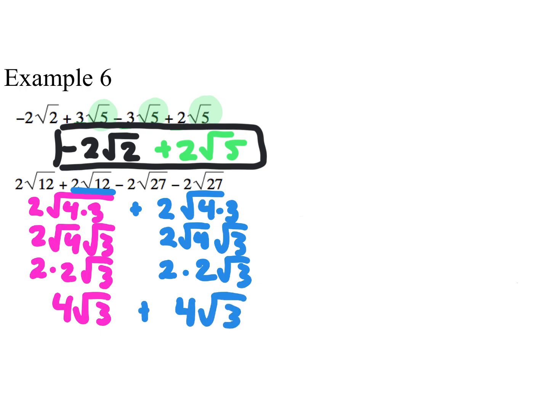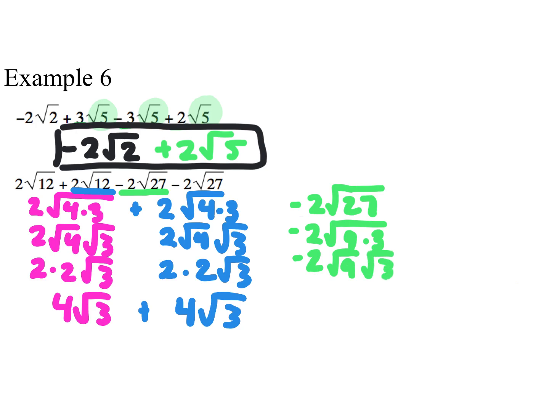And then if I continue, I have minus 2 root 27. The 27 you can split into 9 times 3, so it's negative 2 radical 9 radical 3. So negative 2 times 3 root 3. So it's minus 6 root 3.